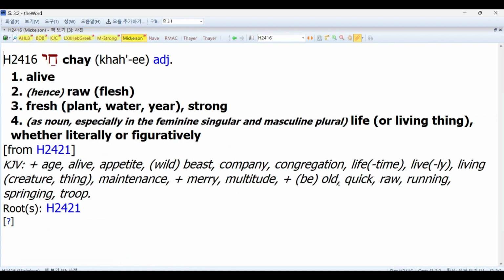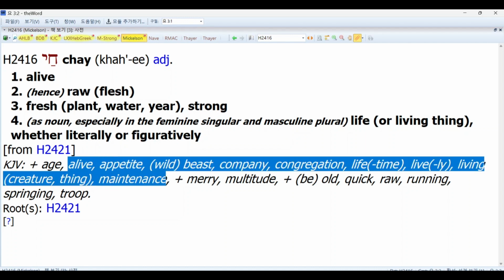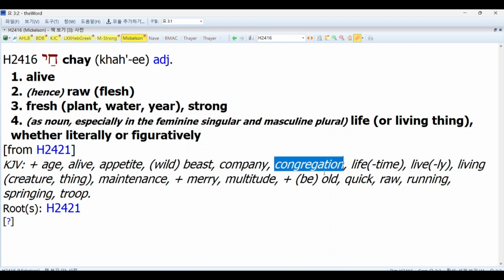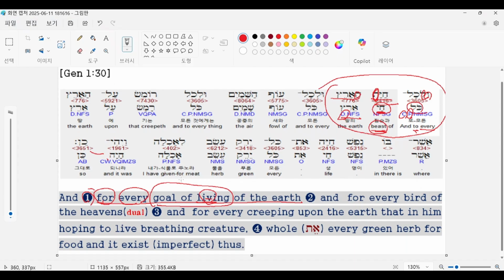The beast is right here, as you see. And they translate many different words, even congregation, even quick, running, even maintenance. This is an adjective form, as you see here: ADJ is an adjective, the part of speech. So we cannot translate it as beast. We have to translate it as living or alive.